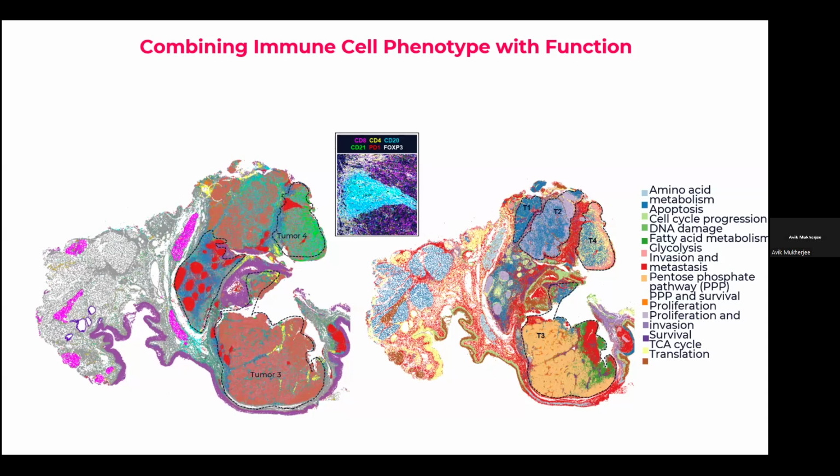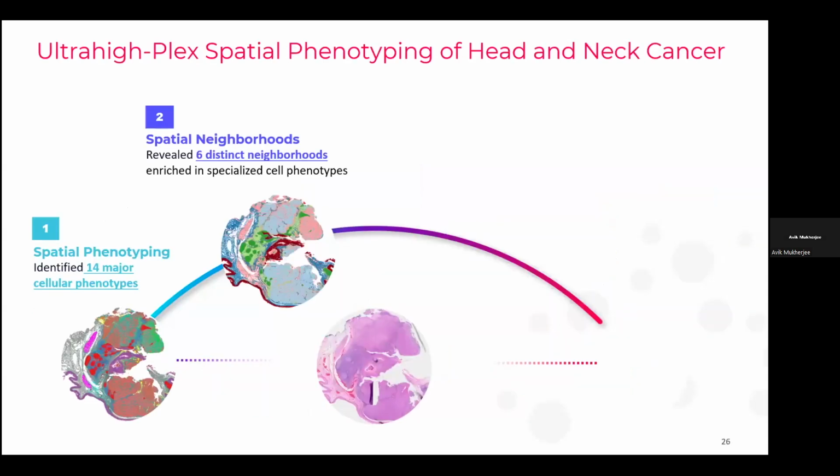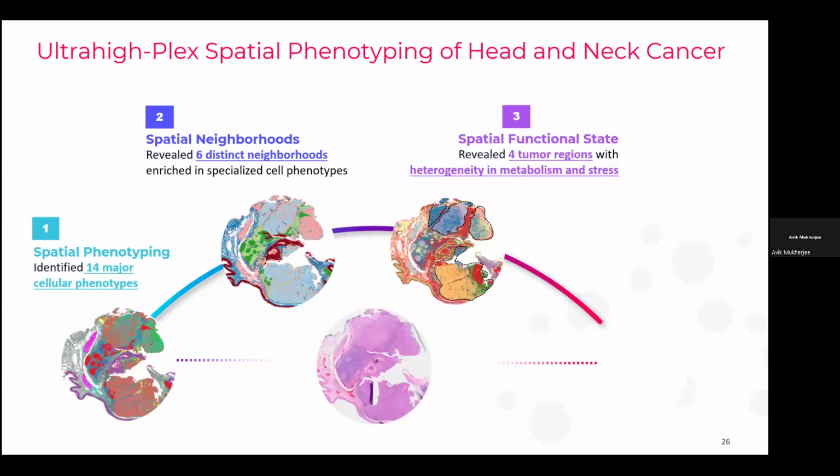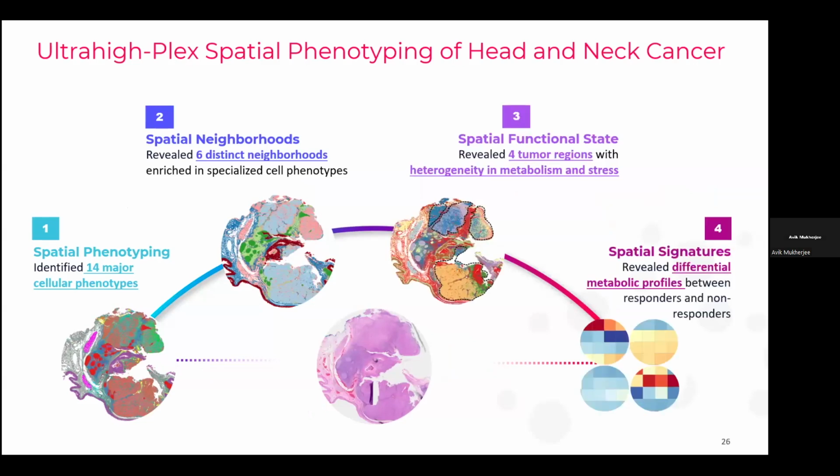So not only can you see intertumoral heterogeneity, you can see the intratumoral heterogeneity here. They went through spatial phenotyping, found distinct neighborhoods, looked at the functional state, and finally, looked at the metabolic profiles.